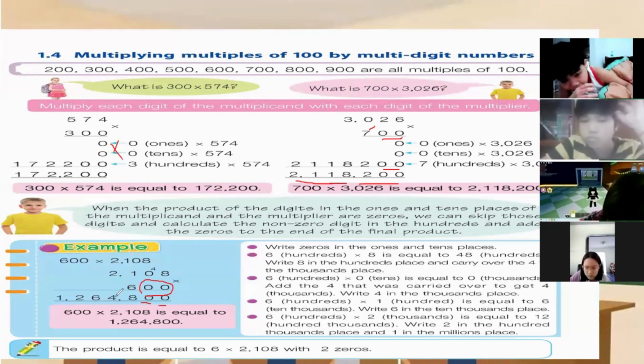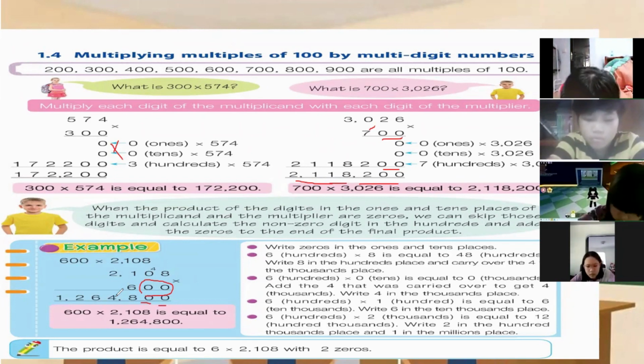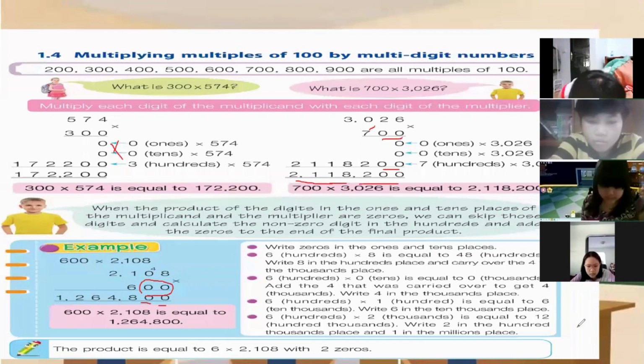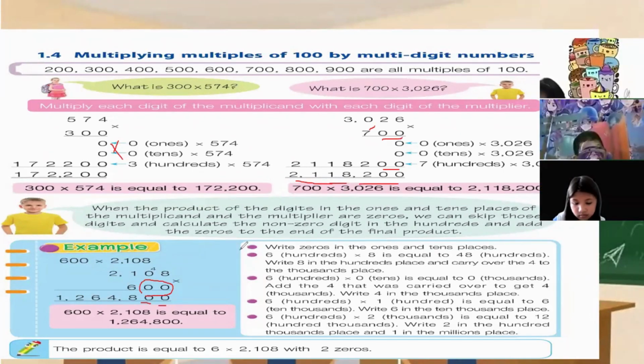Okay, so 6 multiplied by 8 is equal to how much? Can you help me? 6 multiplied by 8. Students, answer me. 6 multiplied by 8. 48. Very good, 48.